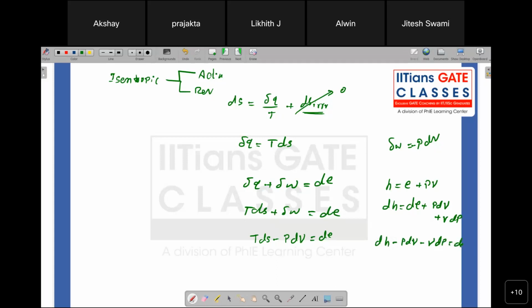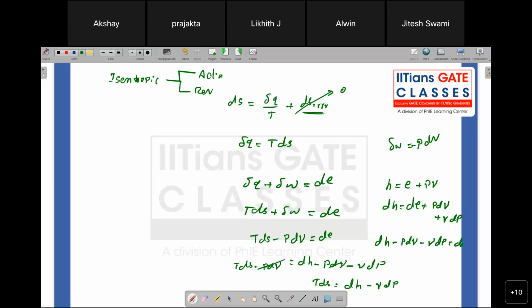If I replace over here, dH minus PdV minus VdP equals TdS minus PdV. So this gets cancelled, and I end up with TdS is equal to dH minus VdP, right?